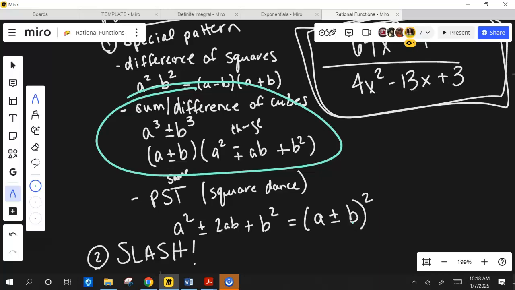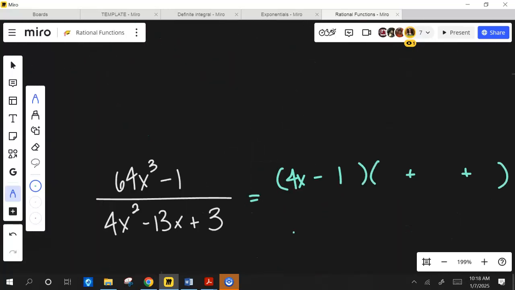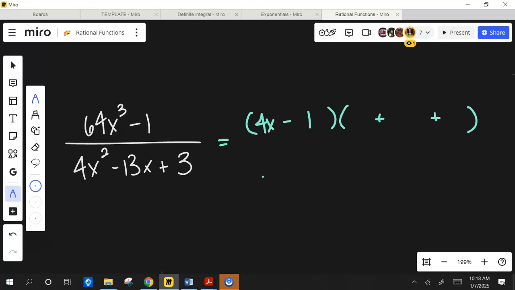It's always same, change, plus from whatever you start with. If I start with minus, then I start with minus here. That's my same. And then I change.